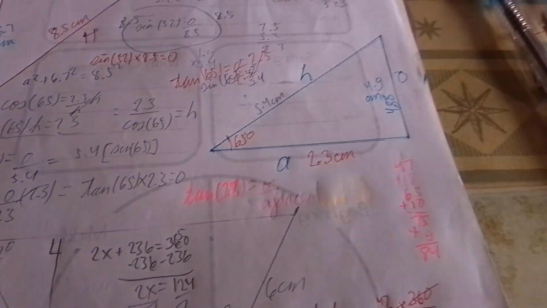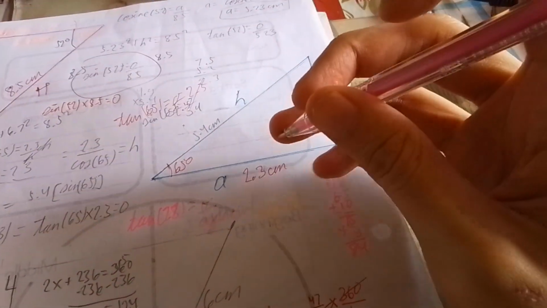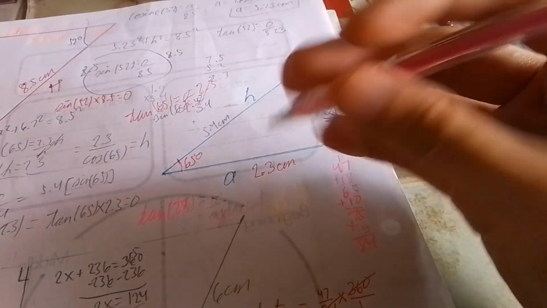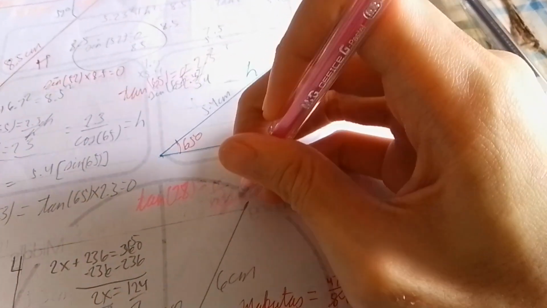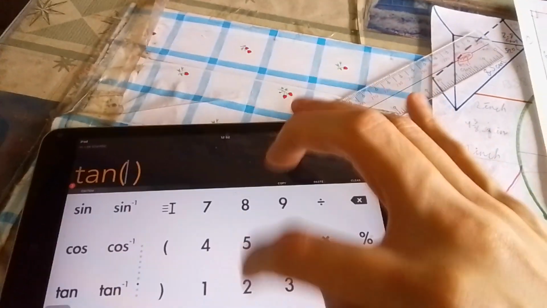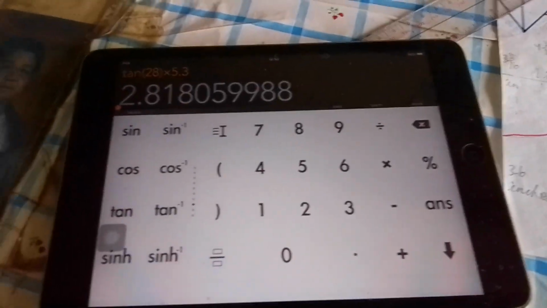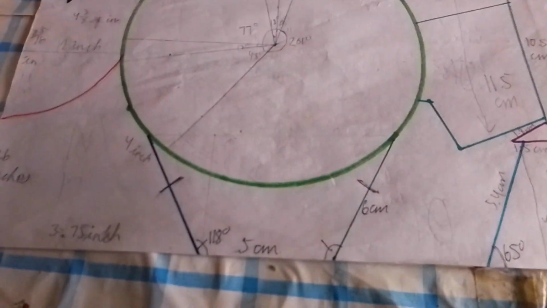Tama? Which is 5.3. So, therefore, multiplying both sides by 5.3, it goes like this. Tan of 28, hanapin mo yung walang inverse ha, times 5.3. Tama, you still get the same, 2.81. So, now going back to our figure, this is supposed to be measuring 2.81.